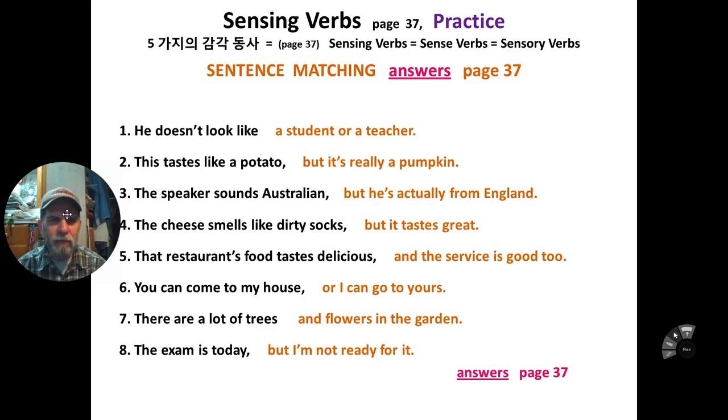Let's see. That restaurant's food tastes delicious. That's a sentence. The service is good too. What do you mean? The service is good too. Is that a sentence? Number five, in the brown: and the service is good too.